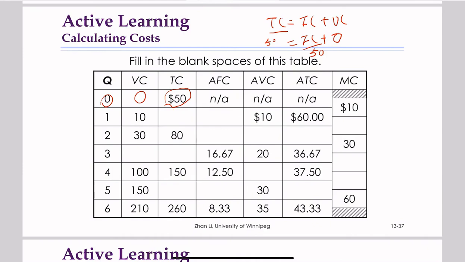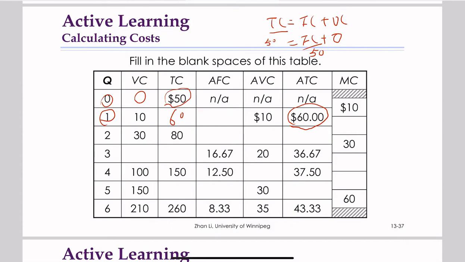And then you could use a different way. You can see that average cost here is 60, and you have only one unit of quantity. And by definition, total cost is equal to average total cost times quantity. So now you directly find the correct number, 60. Now, average fixed cost.